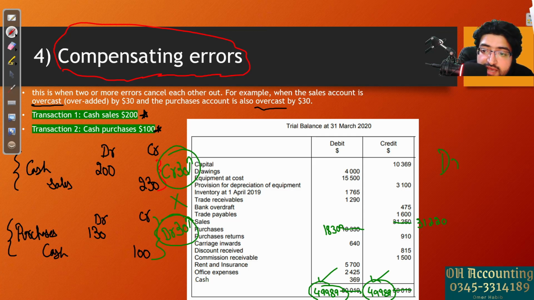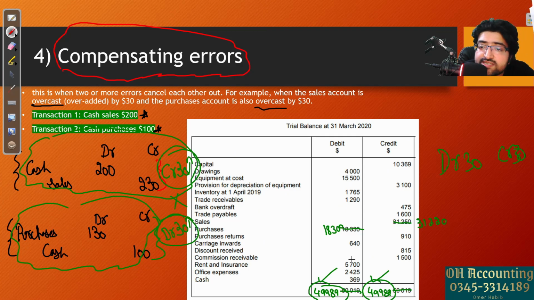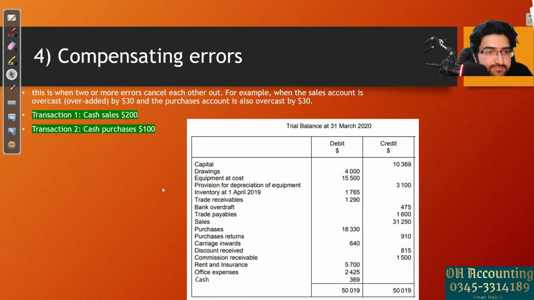The debit side was heavier by 30 because of this error that we made in transaction 2 and the credit side was heavier by 30 because of this error that we made in transaction 1. So both cancelled each other out. Trial balance was still equal, right? So these are compensating errors. We cannot trace these by trial balance and I've shown you why, but still these are errors and we have to correct them, okay, to fix our accounting records.